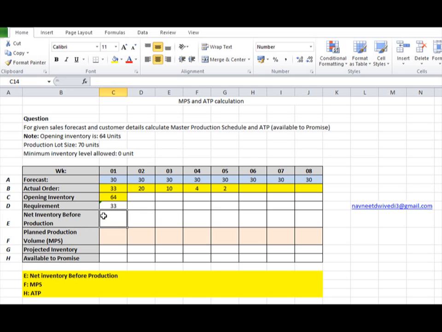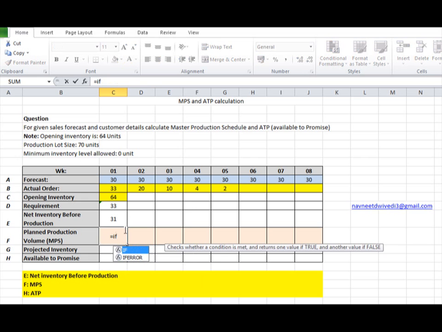Net inventory means whether we are in shortage, excess, or at level, which we have to check here. So it's equal to what we have with us minus what we require. So 31 in positive means we have a surplus of inventory with us, so there will be no requirement for any MPS.